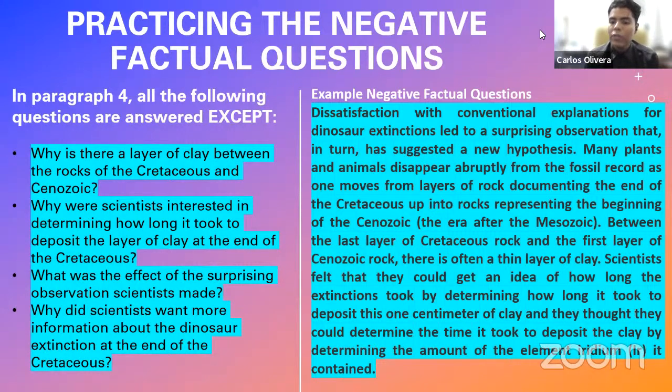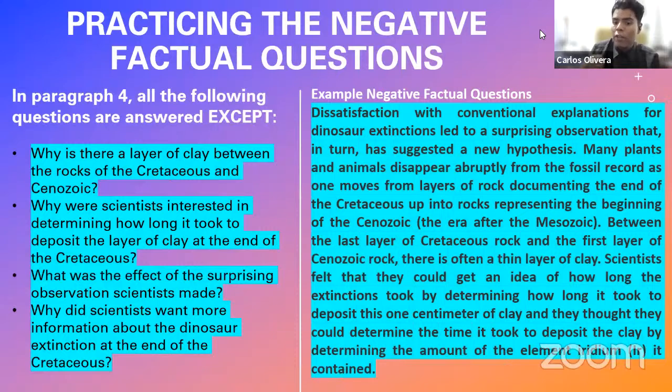It talks about how this layer of clay is important for scientists to determine how long the extinctions took, or when the extinctions took place. It talks about how they can measure how long it took for this layer of clay to be deposited in this part of the earth.